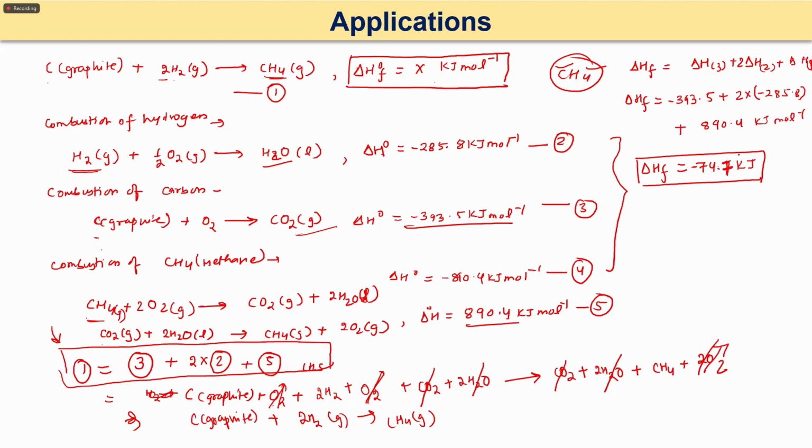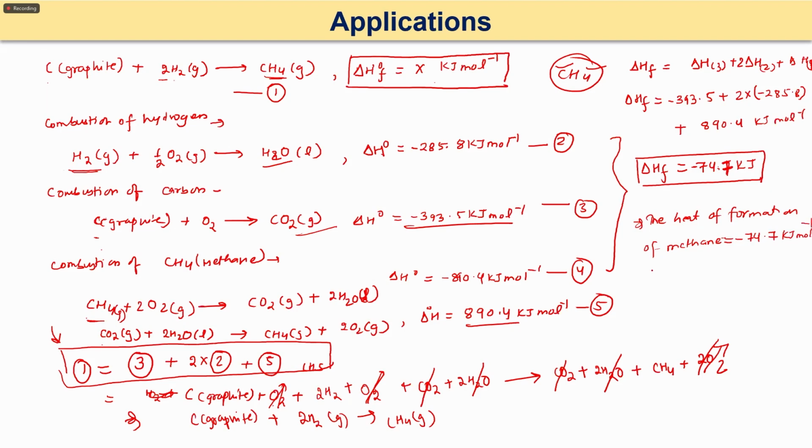If this is the case, then the heat of formation of methane will be equal to minus 74.7 kilojoule per mole. So the heat of formation of methane is equal to minus 74.7 kilojoule per mole.